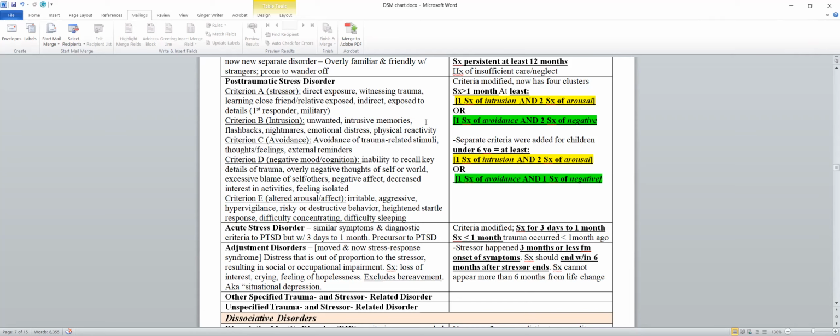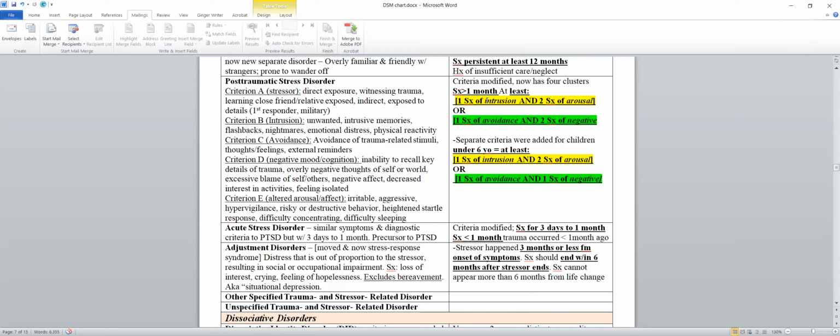So the criteria are different for adults and children. In adults, there must be at least one symptom of intrusion and 2 symptoms of arousal, or 1 symptom of avoidance and 2 symptoms of the negative.